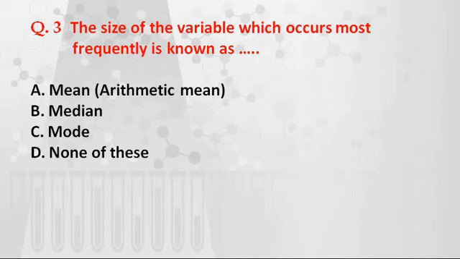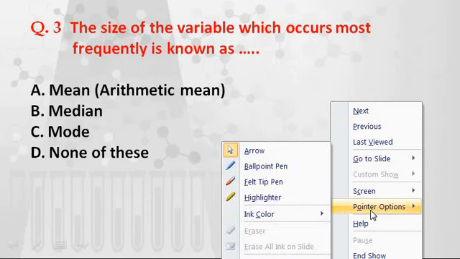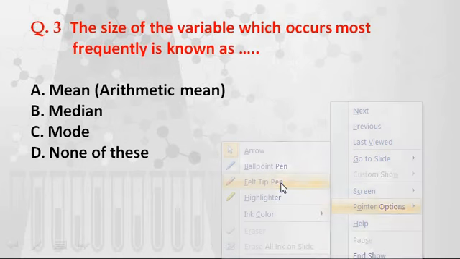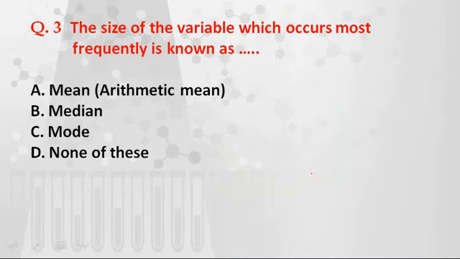Question number 3. The size of the variable which occurs most frequently is known as. The option A is mean, option B is median, option C is mode and option D is none of these.